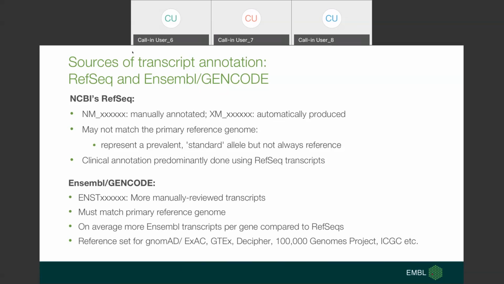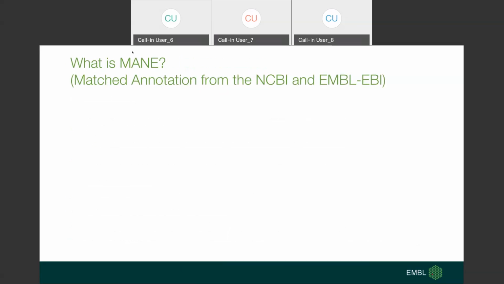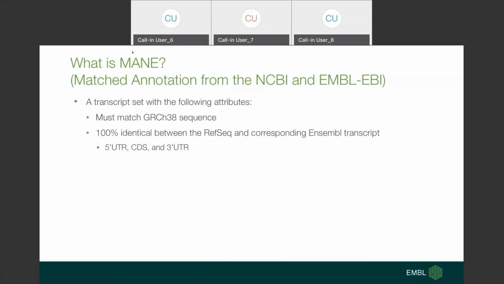So when we started doing this project, we knew that there would be differences, but we didn't know what we were going to find. So I've already said what MANE stands for, but the goal here was to produce a set that would have the following attributes. It must match GRCh38, and that's because GENCODE must match 38.